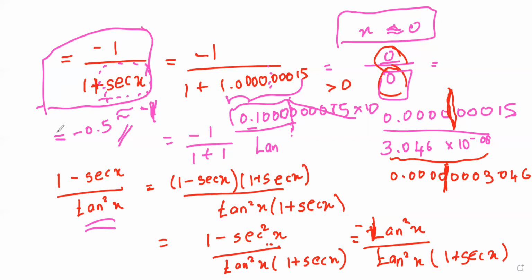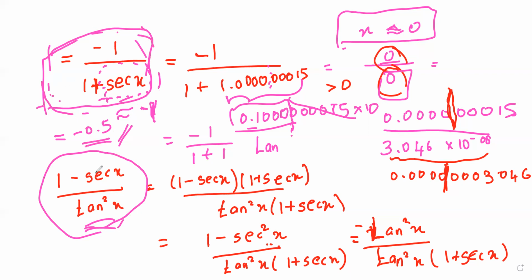It might go wrong. So it depends. It doesn't mean we can use this equation every time, but for values of x near to 0, we can change the equation so that we can get a clear estimation.